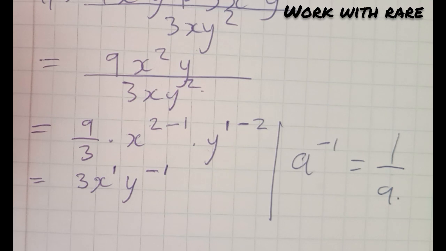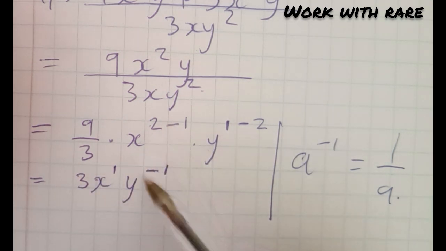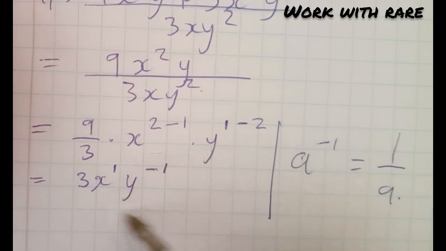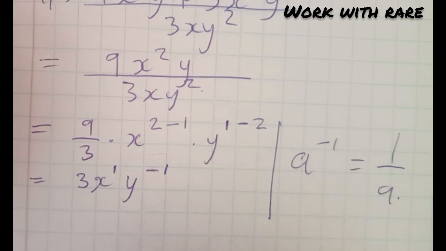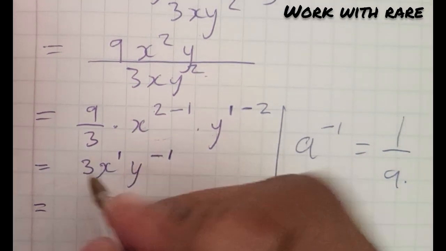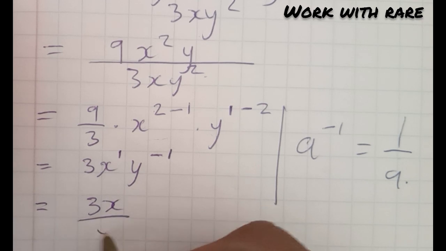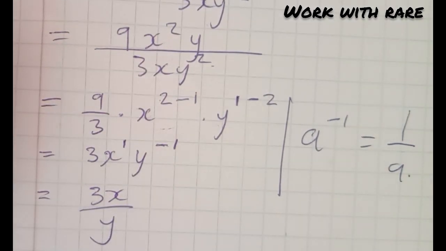I think it's law number 5. So we can't leave this one like this, which means this one will be in our denominator, but it will be positive. So we write it like this: 3x over y. It is positive now because we applied that law and we leave it in standard form. I hope you get it, but it was 2 marks.